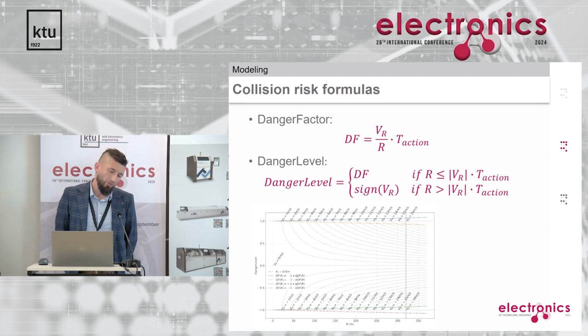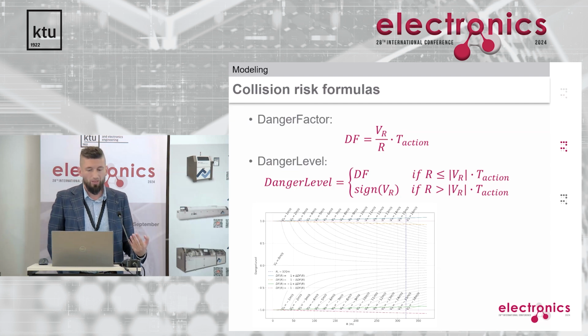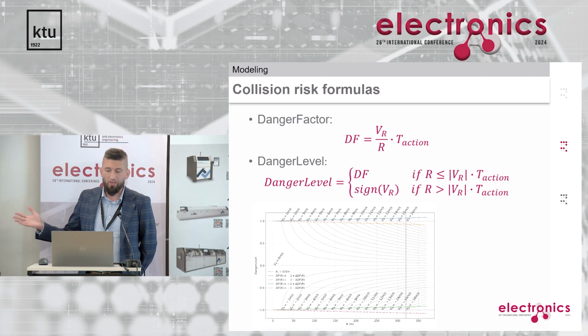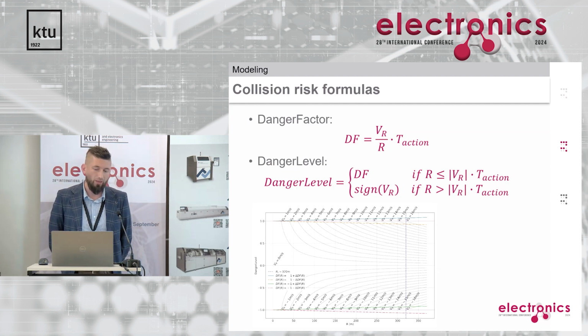And on the y-axis we have danger level. So it spans from -1 to 1. From 0 to 1, meaning the bird will come towards the wind turbine. As you can see, VR and danger level or DF may be negative or positive depending on the VR value. And if the bird is flying away from the wind turbine, the danger level will be negative.